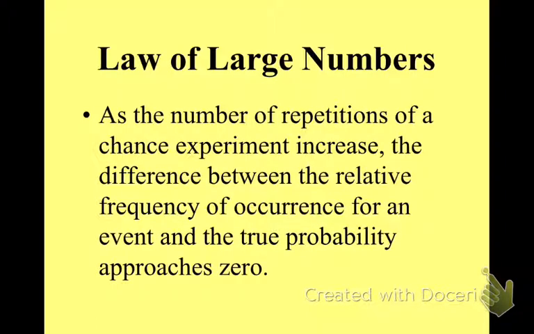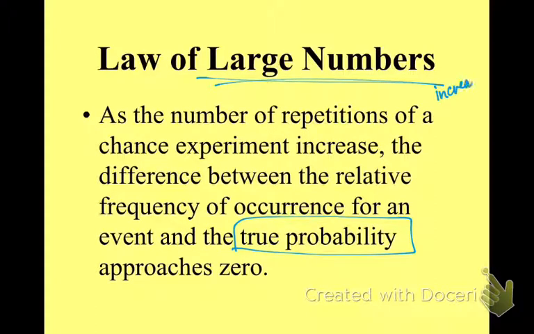If you keep flipping your coin over and over, it's going to approach the theoretical, or true, probability. In other words, if I increase my trials, my experimental probability will approach the true probability.